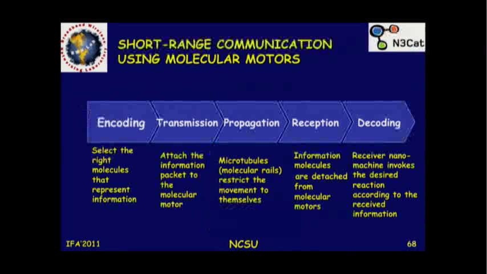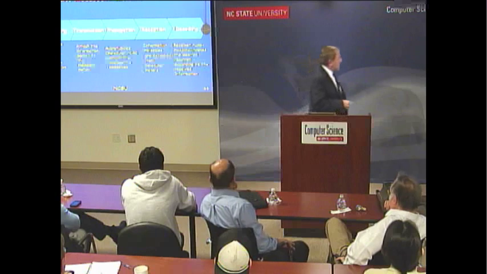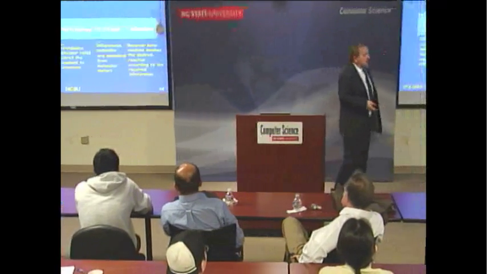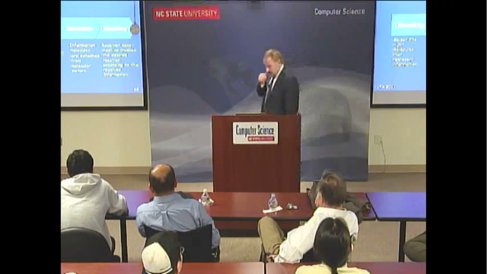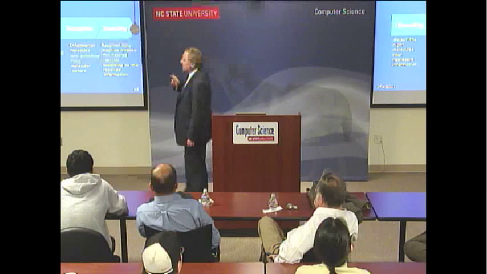So now you can see all these classical steps of communication that are all open. First of all, how do I select the right molecules or molecular motors, which will represent my information, kind of like message creation. Then how will I transmit them?